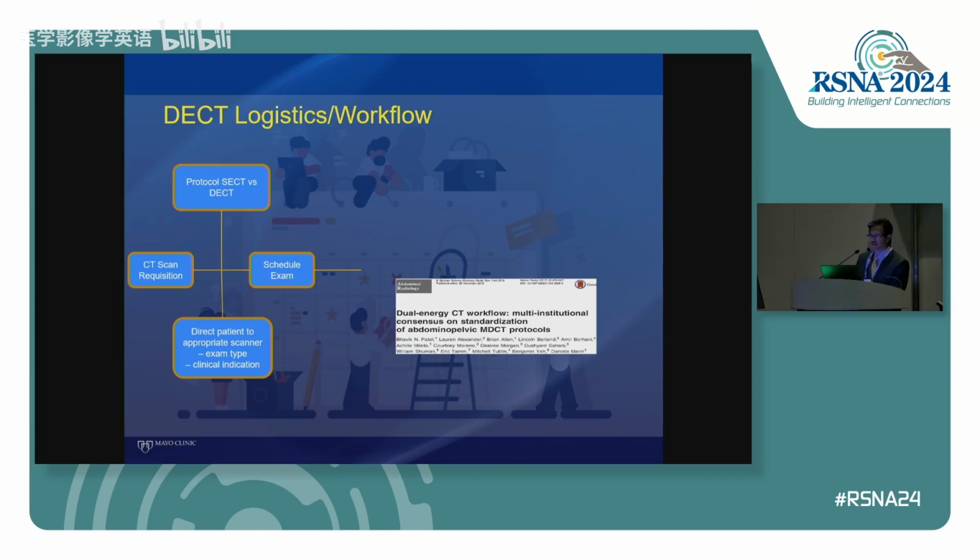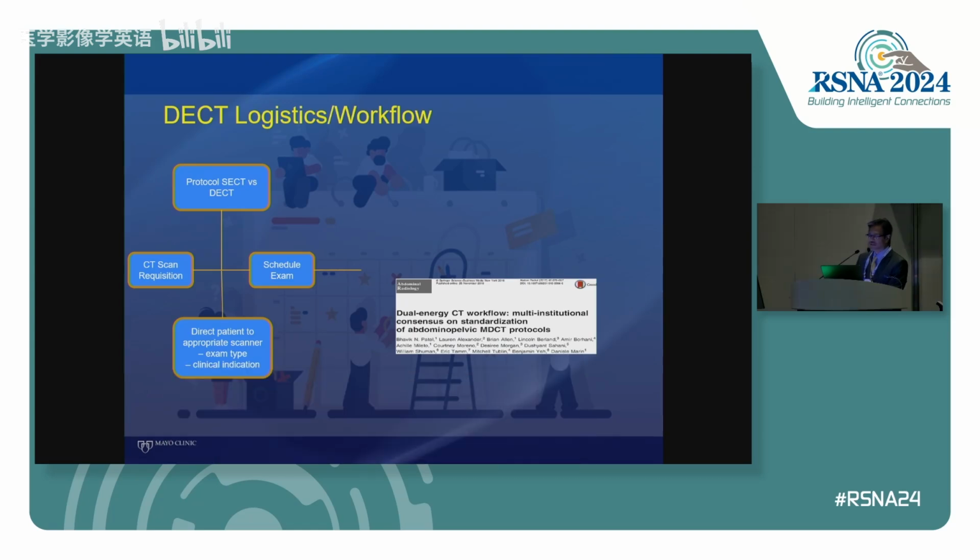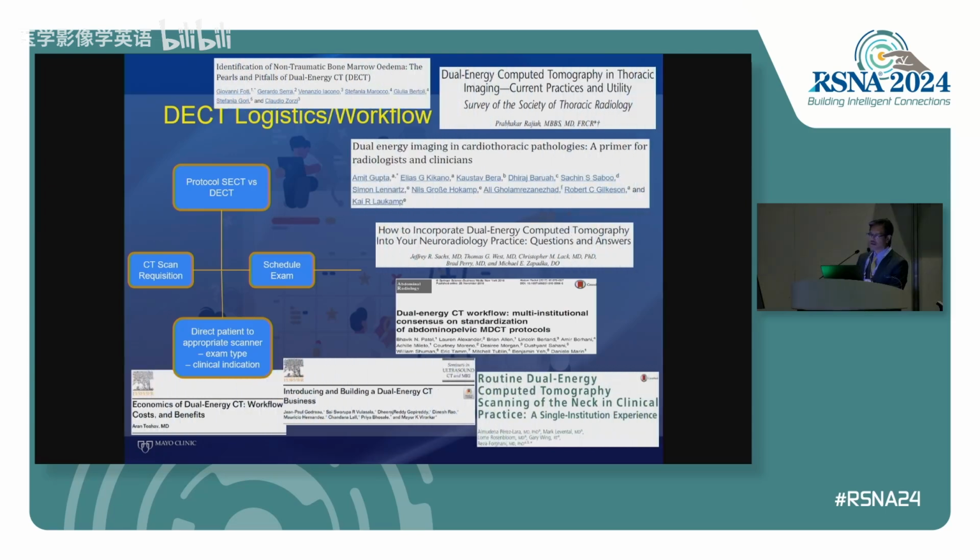This was a multi-institutional consensus paper that discussed best practices for which series and protocols to use for dual energy CT. This is for abdomen studies, but just do a little Google search and you'll see that this is available for any organ system. So here's cardiac and neuro studies that have guidelines as well.